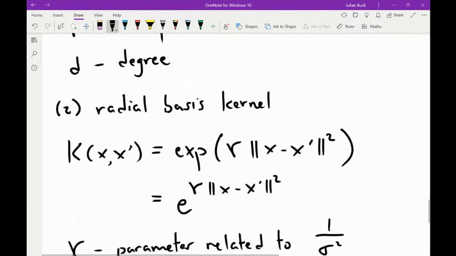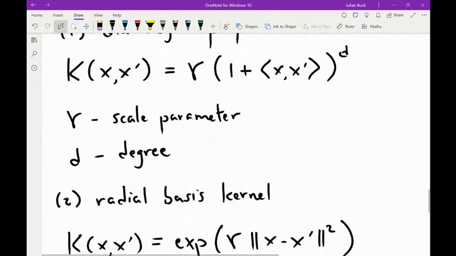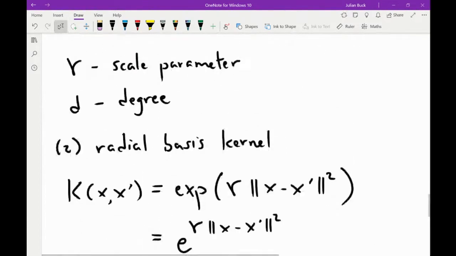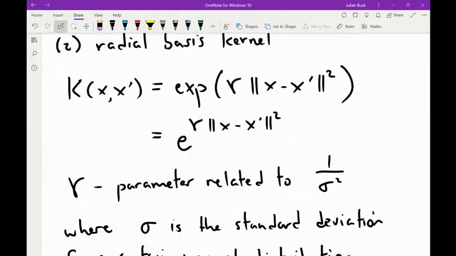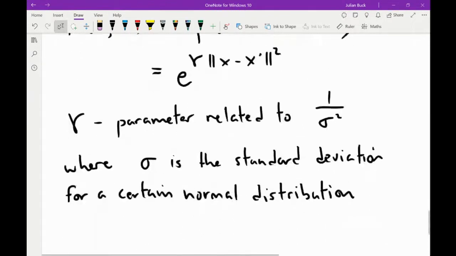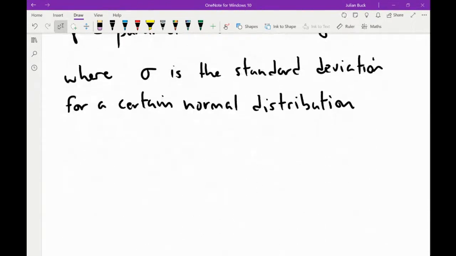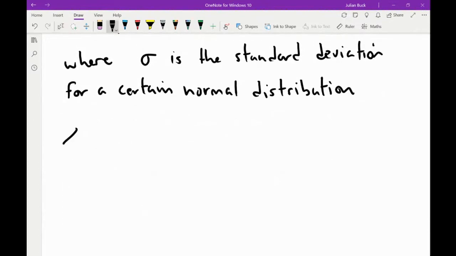There's a bunch of notation here that I need to explain. What do I mean by the angle brackets x comma x prime, and what do I mean by the double bar x minus x prime squared? Angle bracket x comma x prime is obtained by taking, since x and x prime are elements of the feature space, they have coordinates.